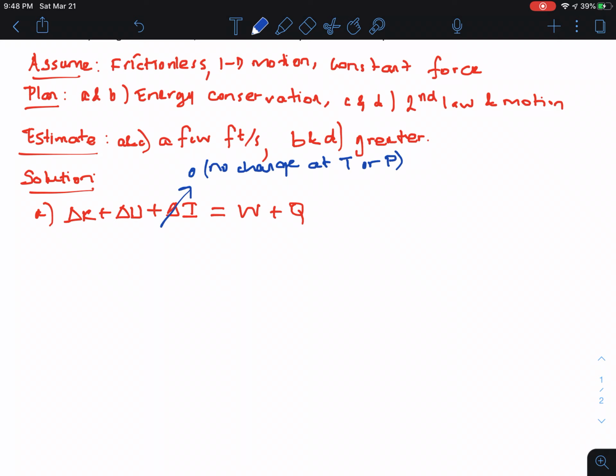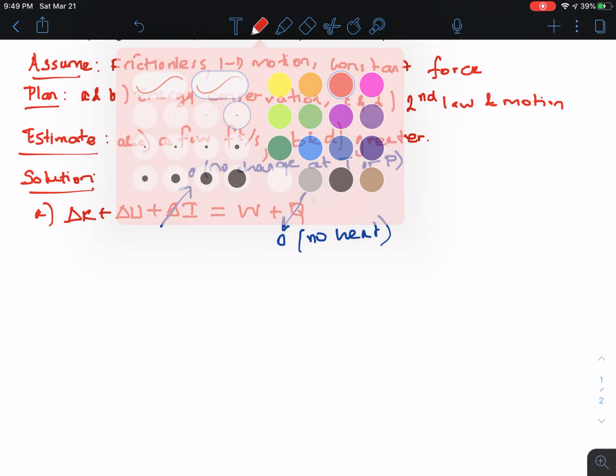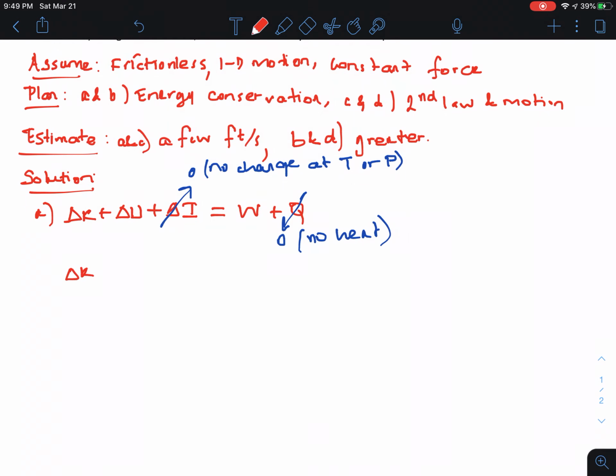The heat is also zero because we can simply say no heat is added or taken away from the system. So after this, we end up with the equation. There are three terms left: delta K plus delta U equals work done.